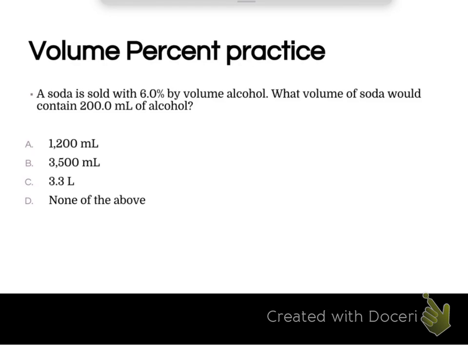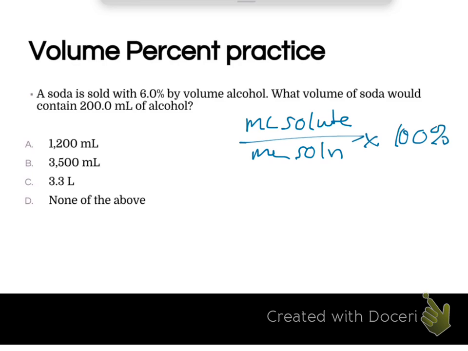Okay, so volume percent is milliliters of solute divided by milliliters of solution times 100%. So the percent equals this. There's a 6% by volume alcohol. They call it a soda, but there's alcohol in it, so, that happens.